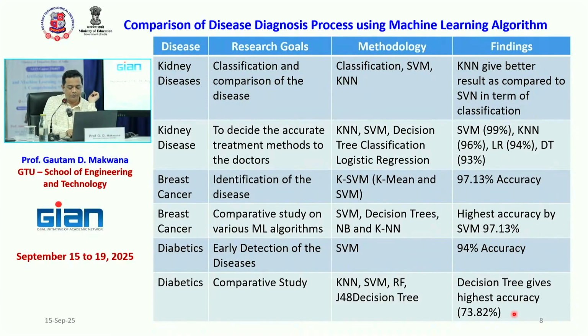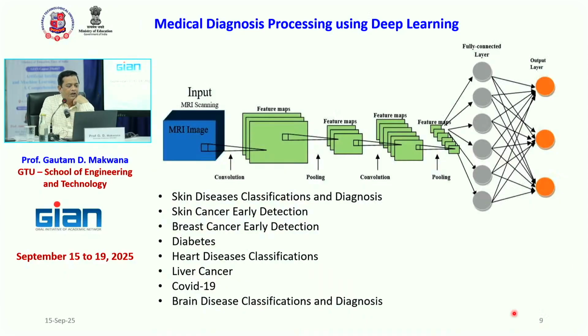So this is just an idea about the different machine learning algorithms used in medical diagnosis. Now second is deep learning, and how deep learning can be used in medical diagnosis. In deep learning, as I told you, the feature extraction is done by mathematical formulas or some kind of algorithms, compared to machine learning, where the feature extraction is done manually. Here another kind of feature engineering comes in to extract the features from the given data sets.